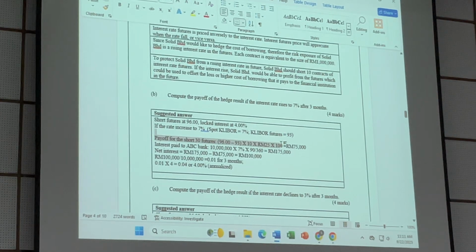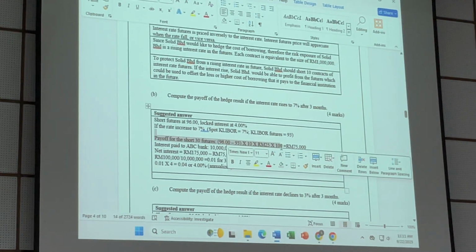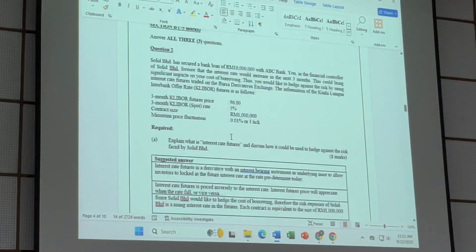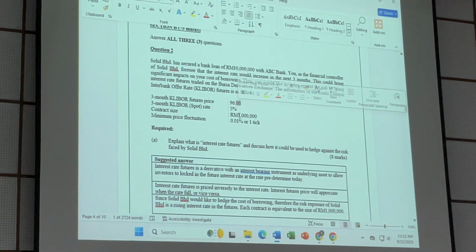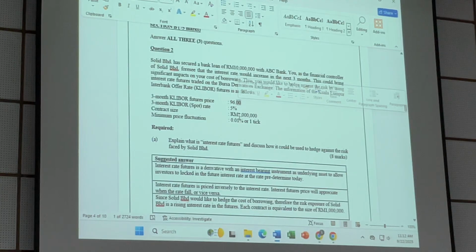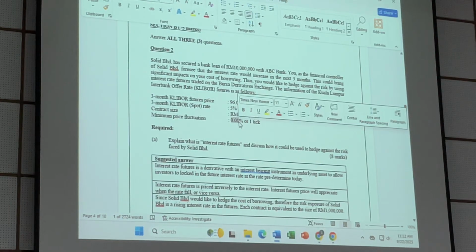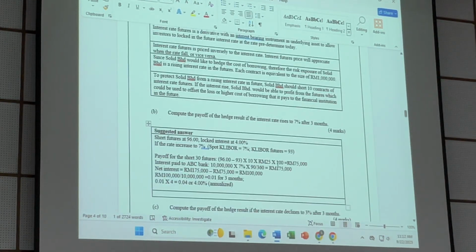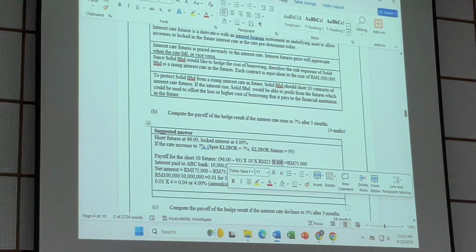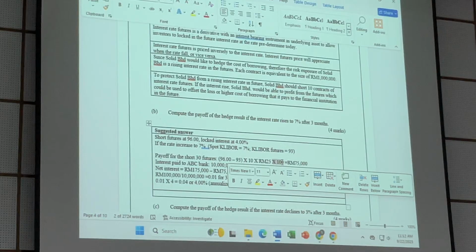The 100, you can treat it as a multiplier also, because the pricing itself captures the percentage of the 1% change, but this one is a 0.01% change. So you times 100, you treat it as a multiplier, in simple words.